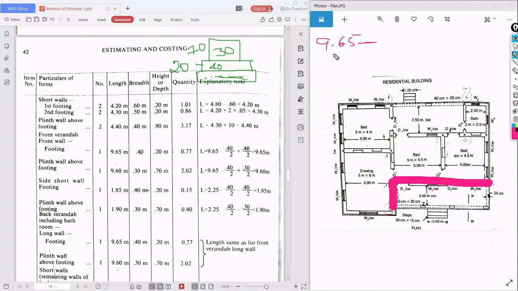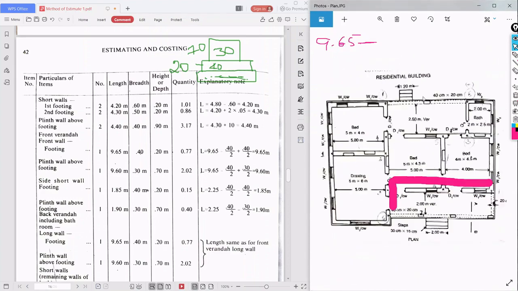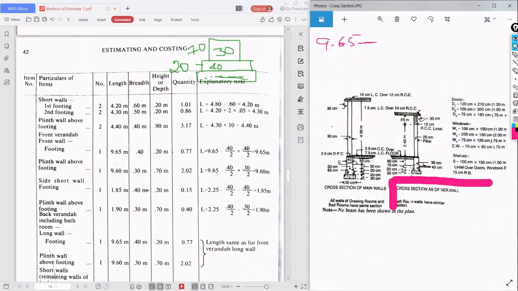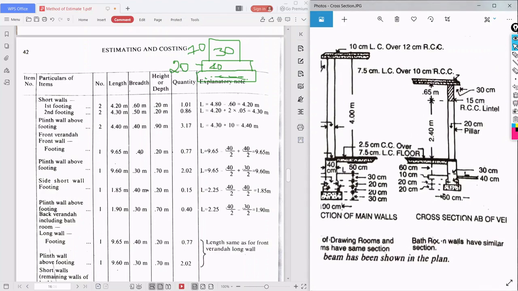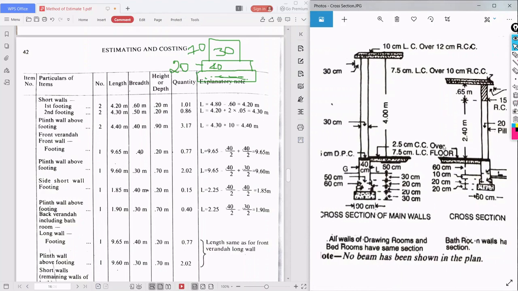So 9.65. At the level of this first footing of the secondary wall, I'll show you here, at the level of first footing of the cross section of the veranda. What is the level in the main cross section? Here is the plinth wall. Okay, keep it in mind.